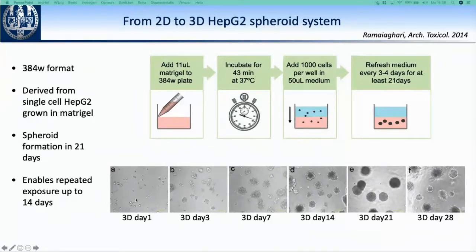So it's essential to have single cells to remain consistent in the spheroid size later on. And then after 21 days, you can see that they form nice spheroids within each well. And these spheroids are stable for at least 14 days, so this enables repeated exposure scenarios with nanoparticles.